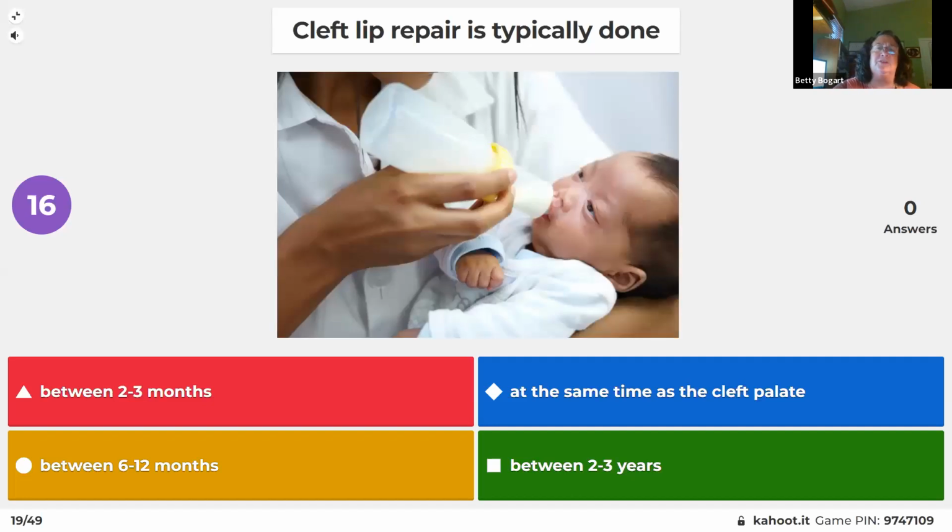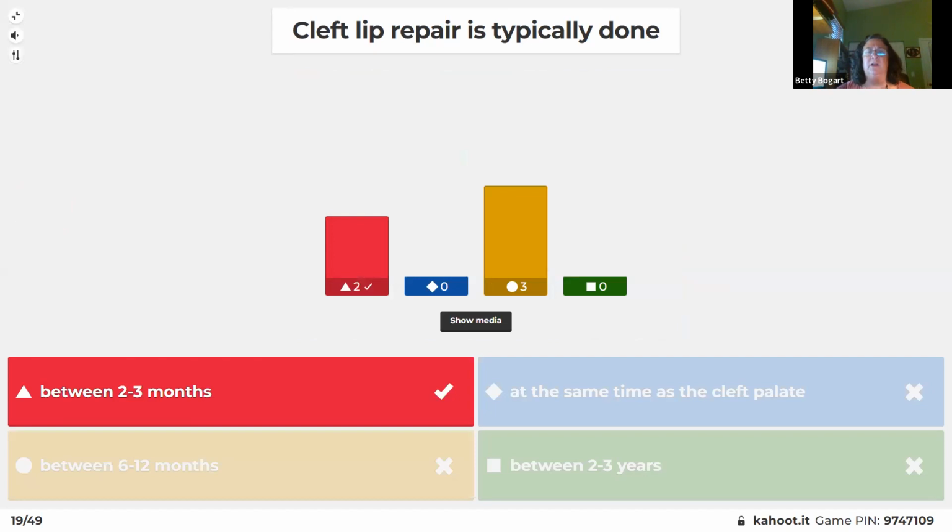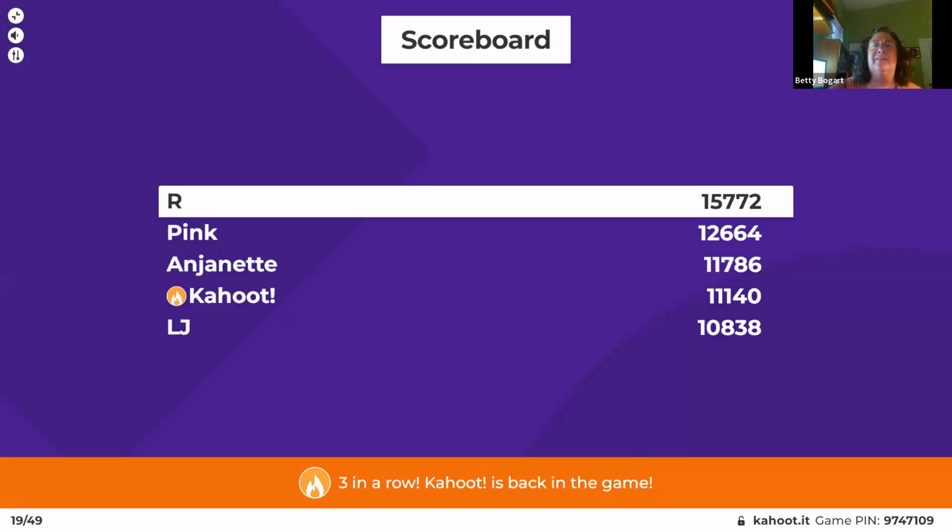And that's a great picture of the Haberman bottle and the way that you feed it. You can see the milk there, and they're just touching it as they go down, and little by little, they can eat. And it gives them so much comfort. We do cleft lip between 2 to 3 months. We want that done as soon as we can because they need that self-soothing, that stress reliever, oral. They need their oral.